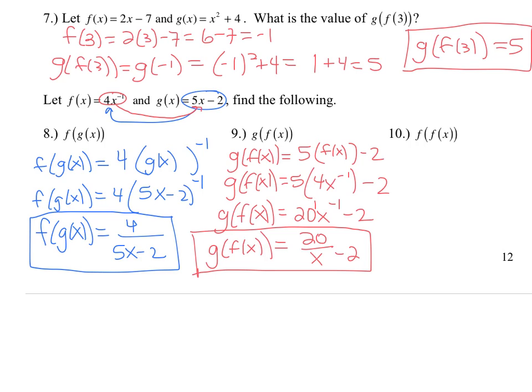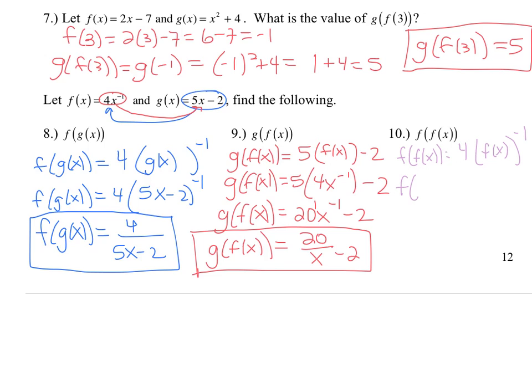You can also compose a function with itself. So f of f of x means I'm going to take function f, which is 4 times some input to the negative first power, and that input that they want me to use is the entire f of x function. So it's going to go in here.